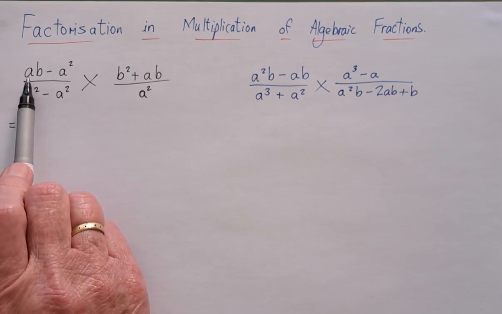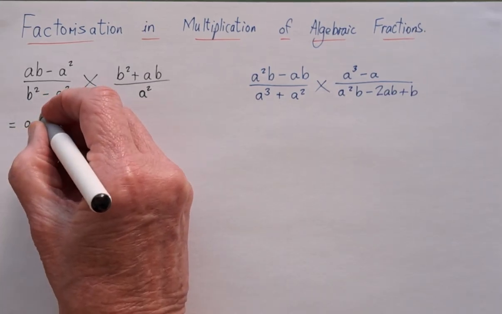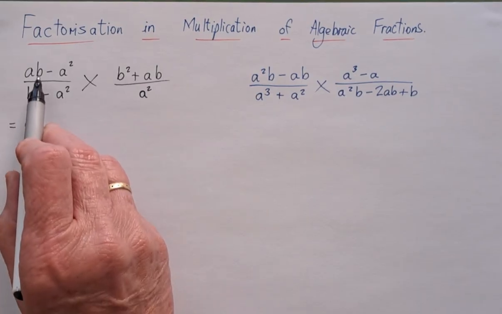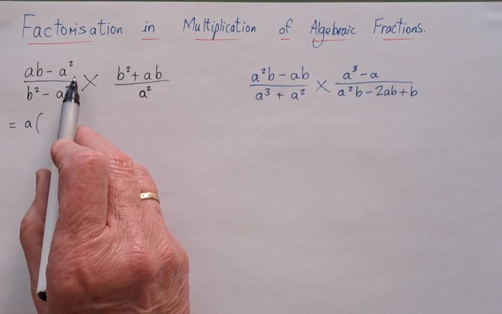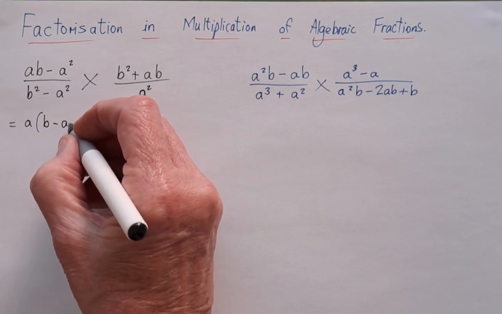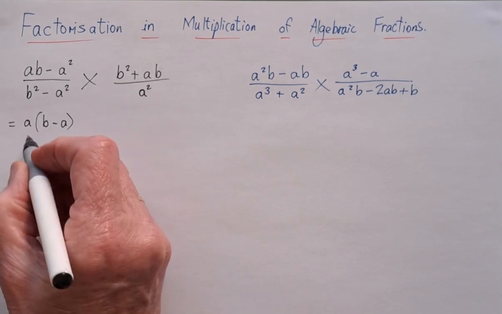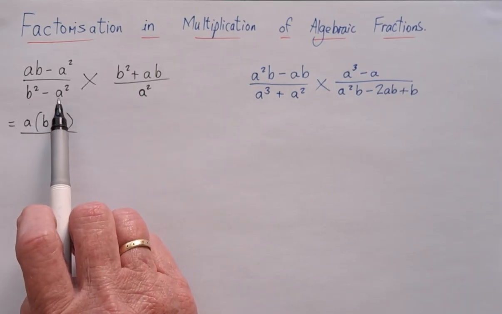I think obviously both terms have got a common a. So I'm going to take out a, and in my brackets I'll be left with b minus, remember that means a times a, so I've taken one of them out and I'm just left with b minus a. My denominator, b squared minus a squared.